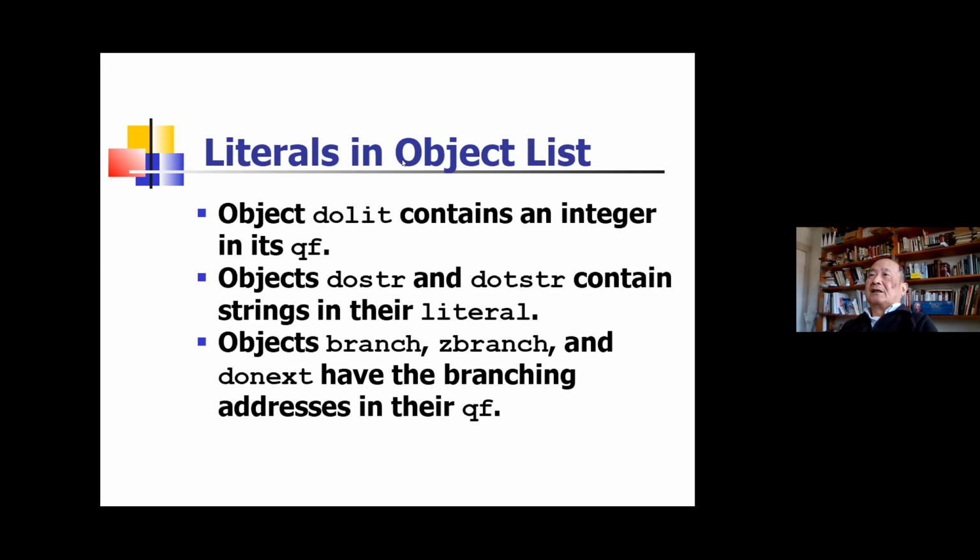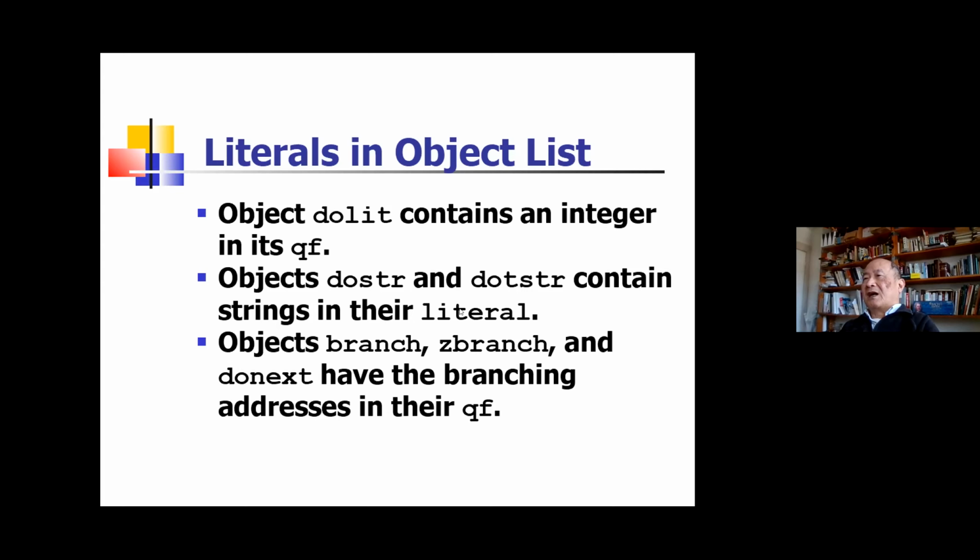So here, this is how I implement the literals in the object list. So object do lit uses the QF field to store the integer. So the integer is not another object in the object list. It's absorbed into the do lit object. And the objects do string and dot string contain the string in their literal field.